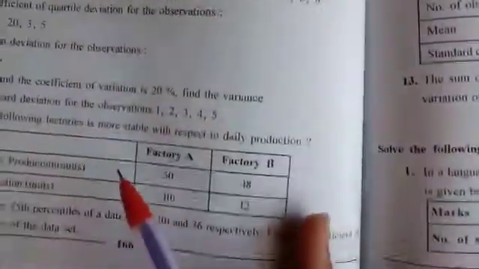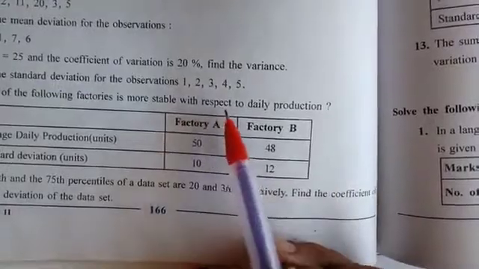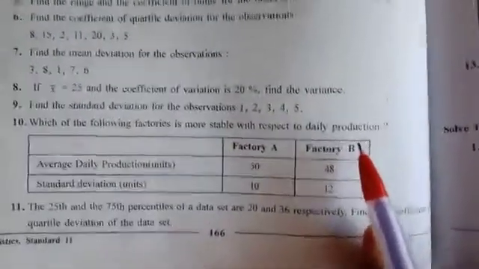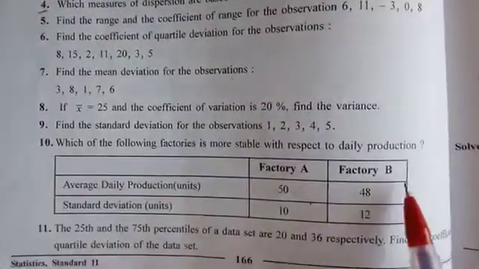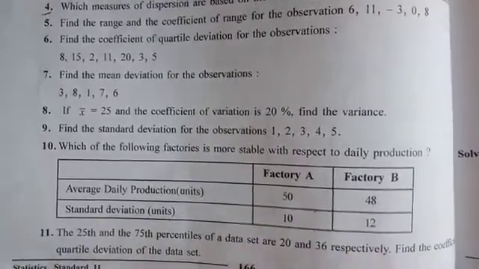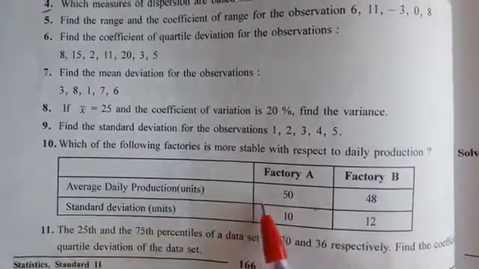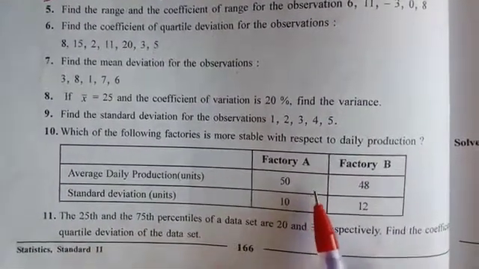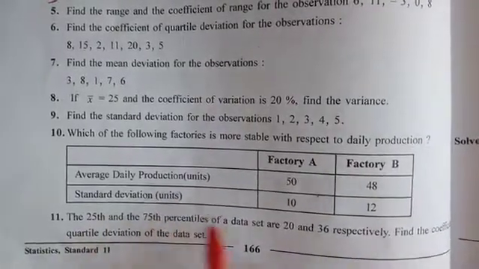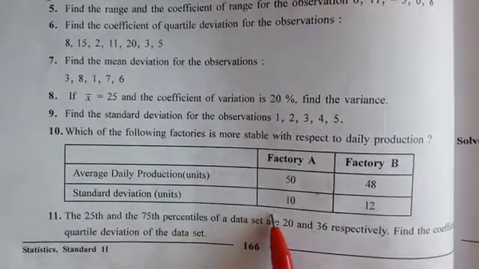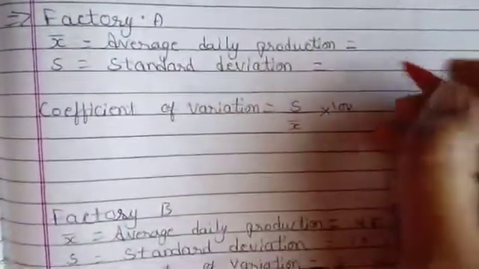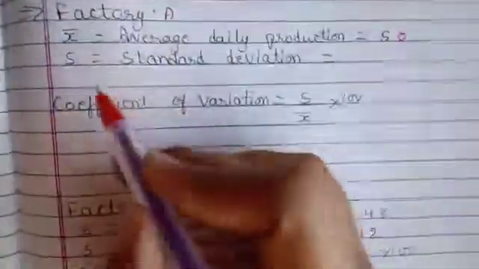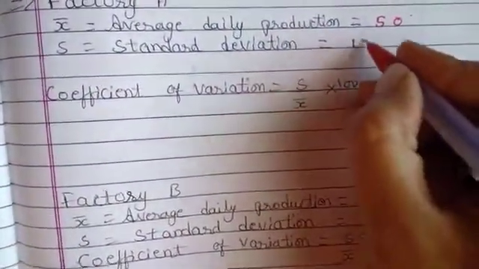Question number 10. Which of the following factories is more stable with respect to daily production? Now here factory A and B, we have to compare which company is more stable. Average daily production they have given in units, that is your X bar, and standard deviation in units they have given, that is your S. So for factory A, average daily production or X bar is 50, and standard deviation is 10.